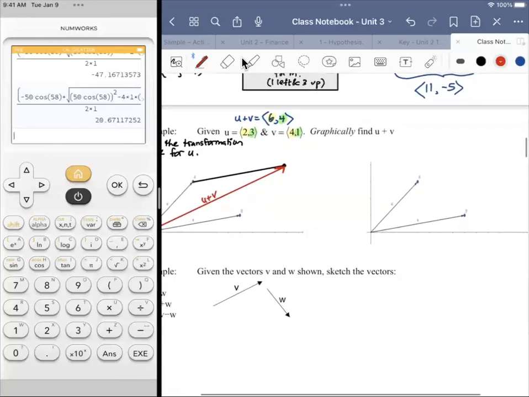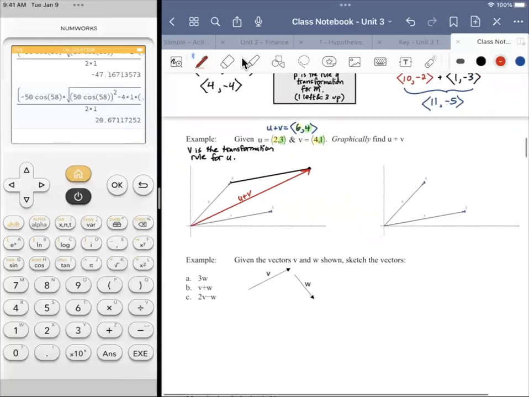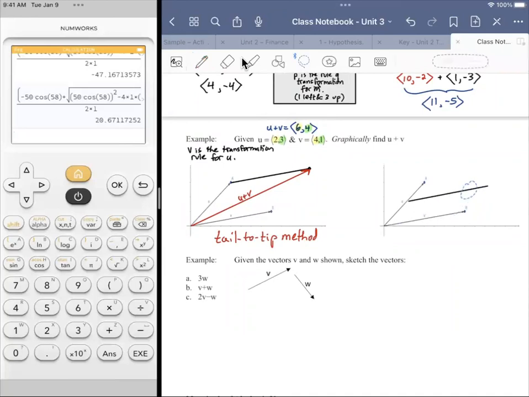The other way is kind of overkill. So this is tail to tip. The other way is the parallelogram method. We start off pretty much doing it the same way, and you'll see why it's overkill. So I take this line segment and put it up here.